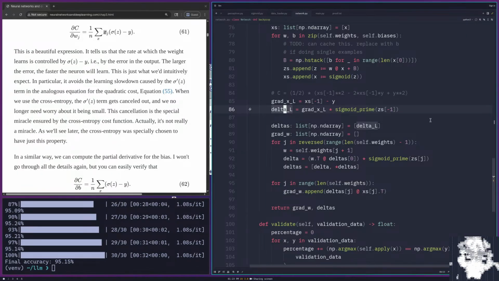Then we had delta L, which was equal to, what was it equal to? It was equal to the derivative with respect to z.